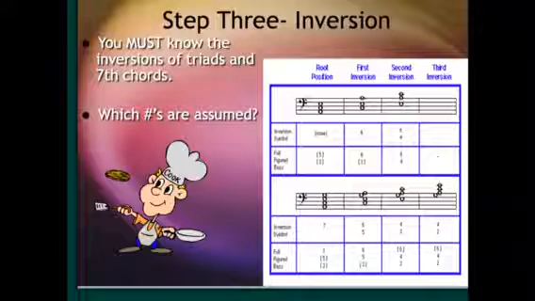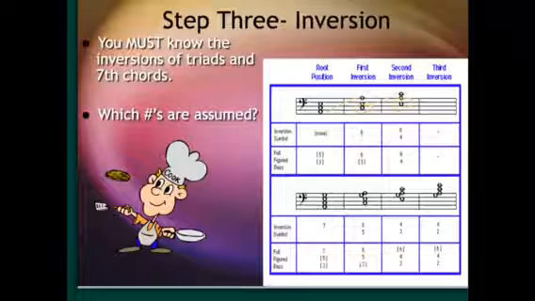So when we take the inversion of a root position triad, A C E, that's a minor triad in root position. When we take the root up an octave, thereby giving us the 3rd in the bass, it becomes a first inversion 6 chord. When we take that 3rd up the octave, and now we have the 5th in the bass, that becomes second inversion.